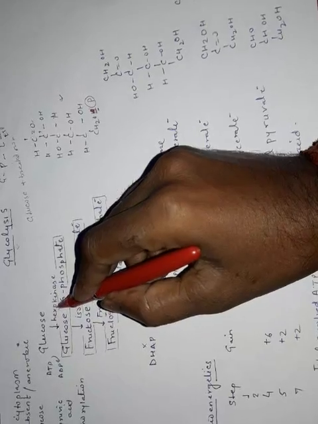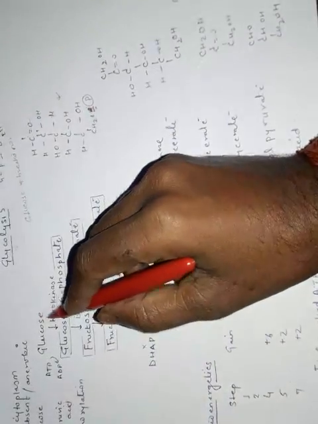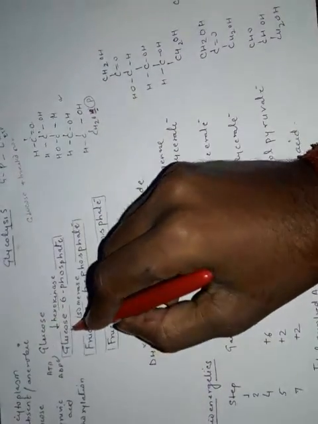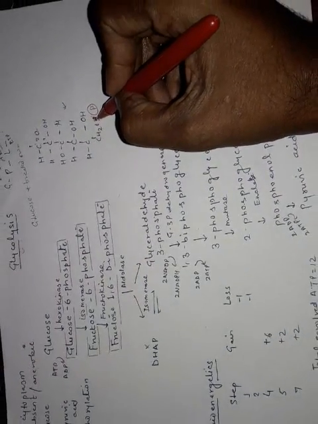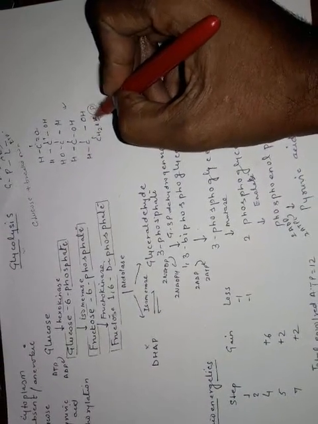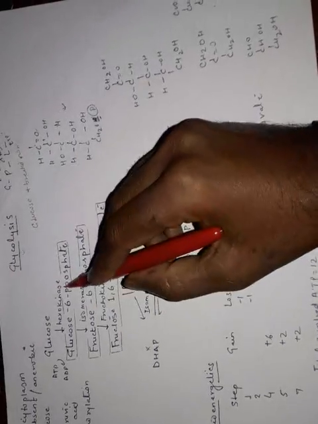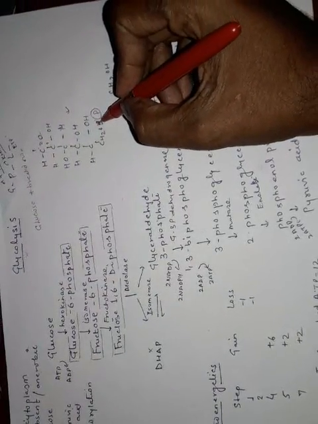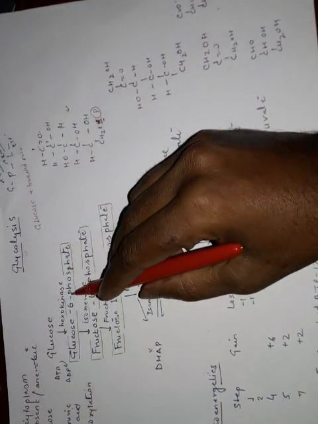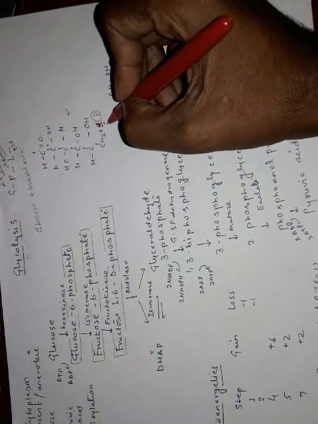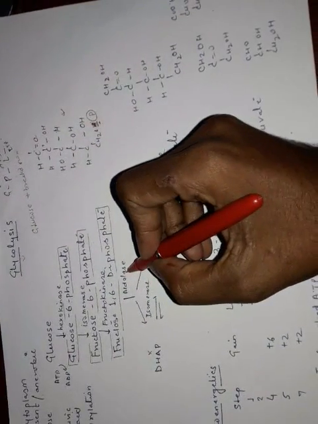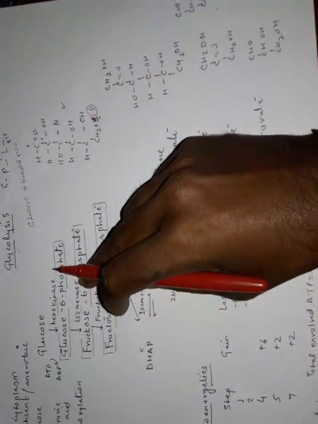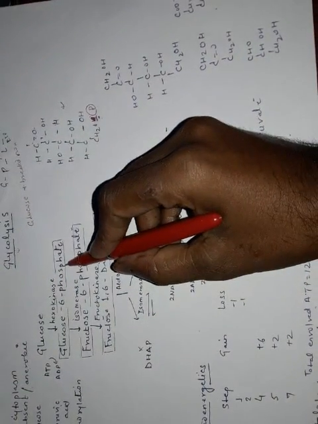When glucose is converted to glucose 6-phosphate, the hydrogen at the 6 position is replaced by a phosphate group. This is the phosphate, and this is glucose 6-phosphate. Then the next process takes place.